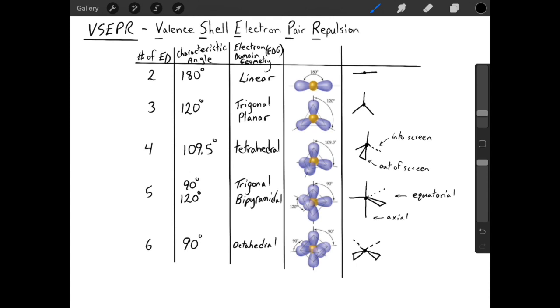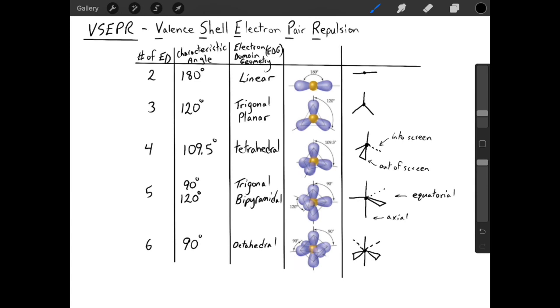So typically the way you draw the wedge and dash diagram for an octahedral is to draw the 4 domains that make up the equatorial structure that are all in one plane, and then you draw the 2 vertical domains. And these are the baseline structures that we'll be working with. Now sometimes you have a mix of bonding and non-bonding domains in a single molecule.